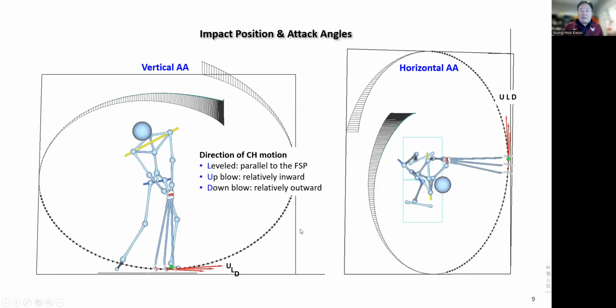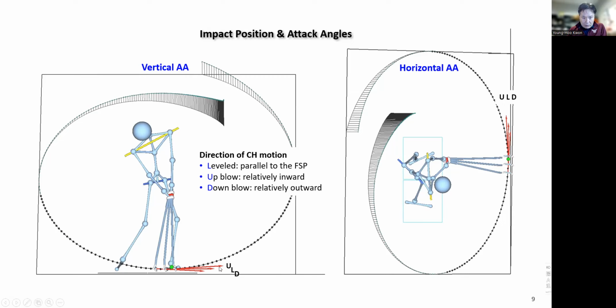And here, one thing I want to direct your attention to is how the direction changes depending on when the impact occurs. So here are the impact positions and the attack angles. The left one shows the vertical attack angle. What this means is the angle between the club head velocity arrow and the horizontal line.